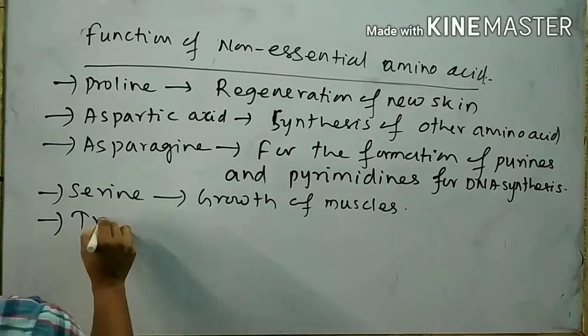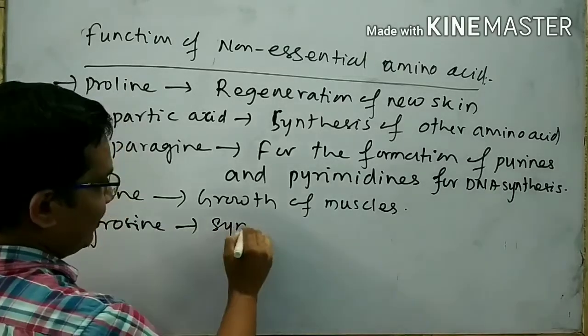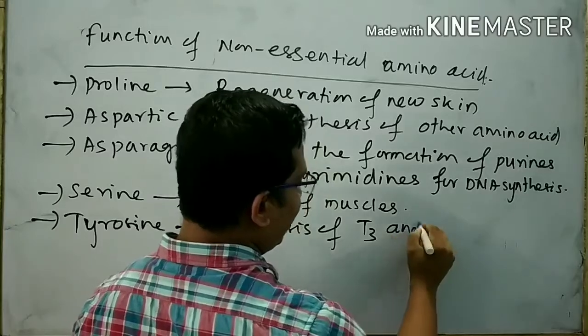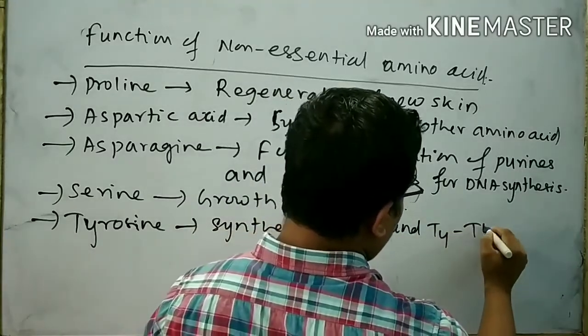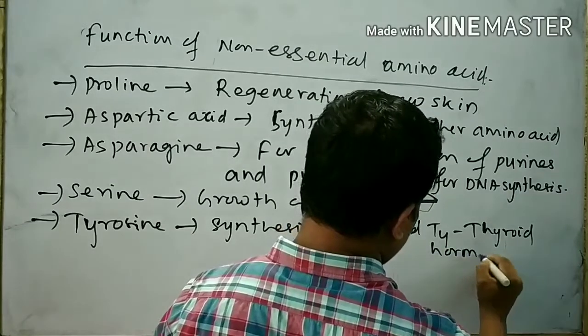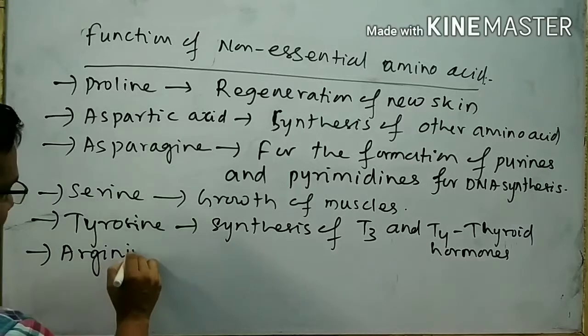Next is your tyrosine. It is used for the synthesis of T3 and T4 thyroid hormones. Next is your arginine.